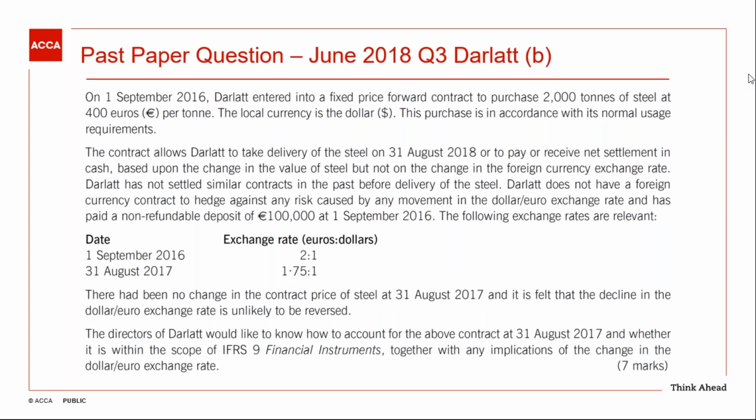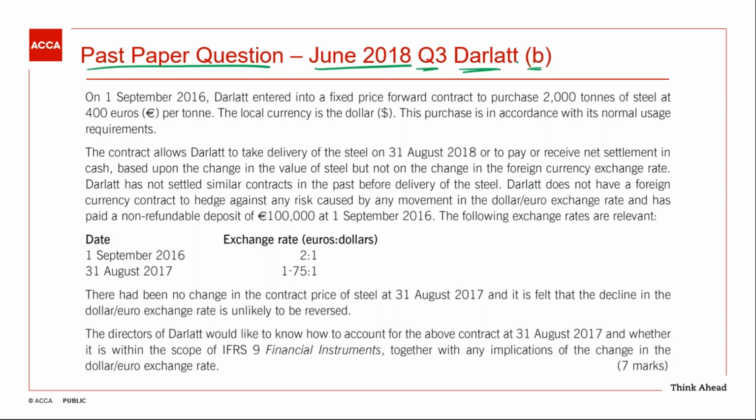Okay, let's discuss one of the past paper questions, which is a past paper of June 2018, question 3 by the name of Darlet Part B. Yes, Salman, actually the problem is that these are really complex concepts, so not everyone is going to tell you these areas, and it is very difficult to make someone understand such complex workings.